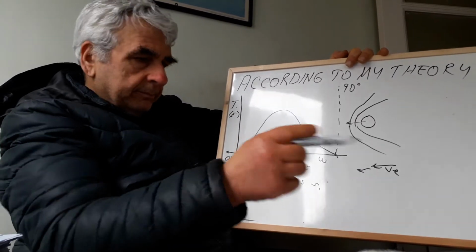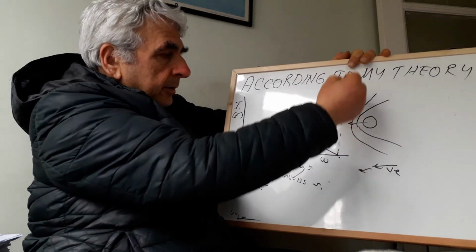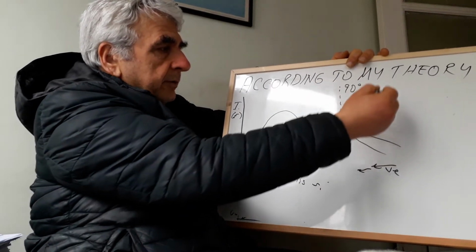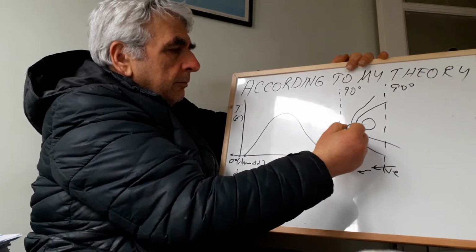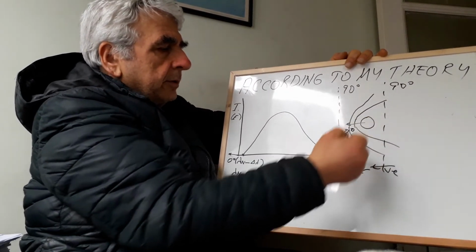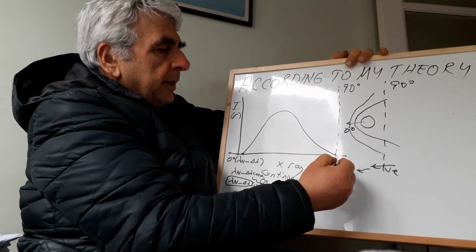This point, and this point represents 90 degree of the relocating electron motion forms, lambda n.